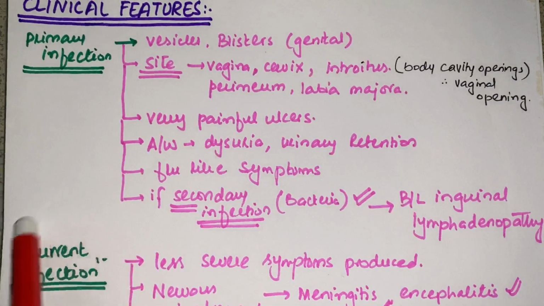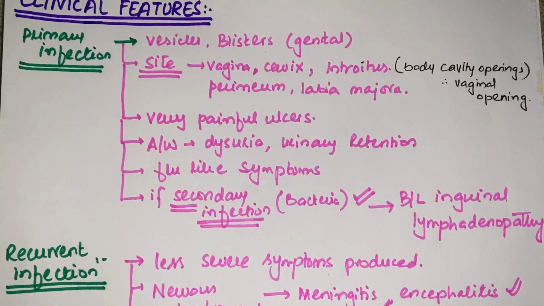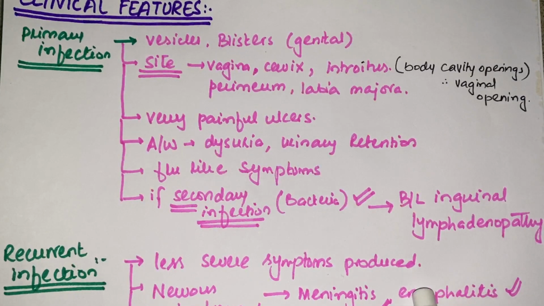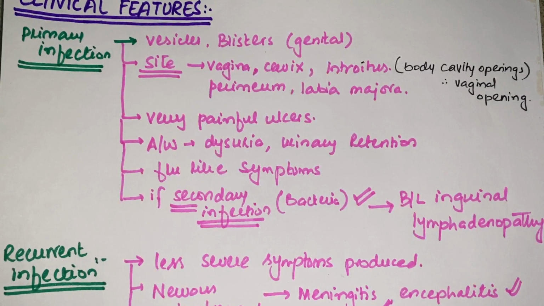Talking about the recurrent infection, symptoms are produced but they are less severe than in the primary infection. Importantly, we discussed in the pathophysiology that the nervous system is involved. Because of that, the patient can have meningitis, inflammation of the meninges, within which the brain is present, and encephalitis, inflammation of the brain.